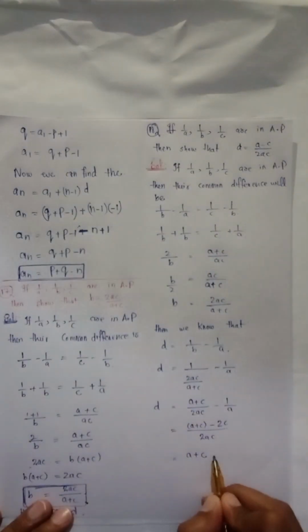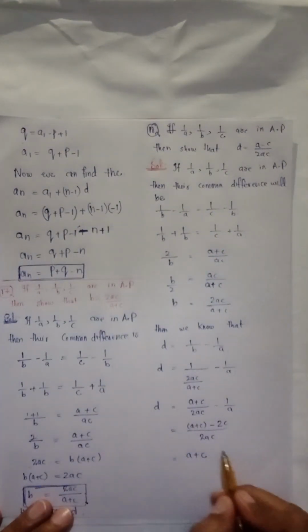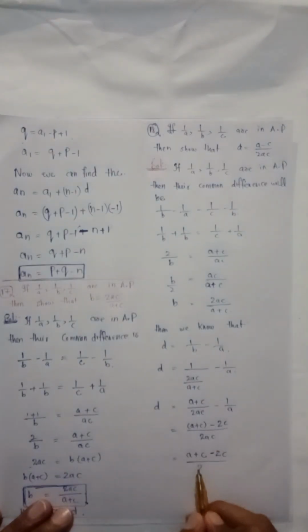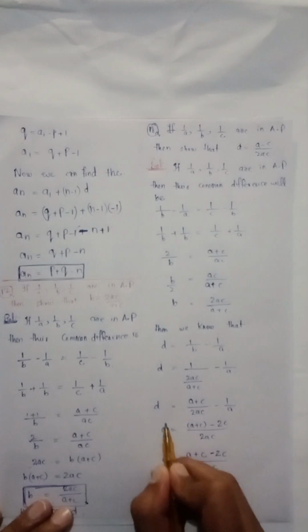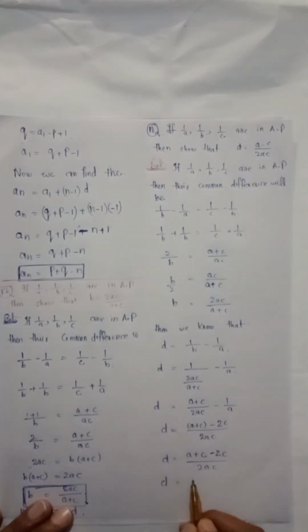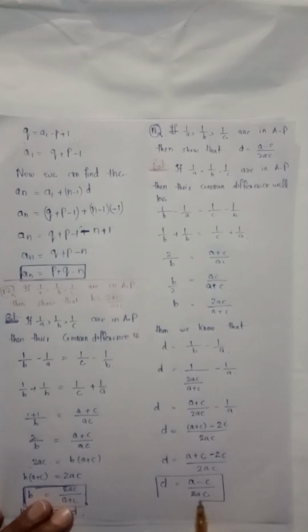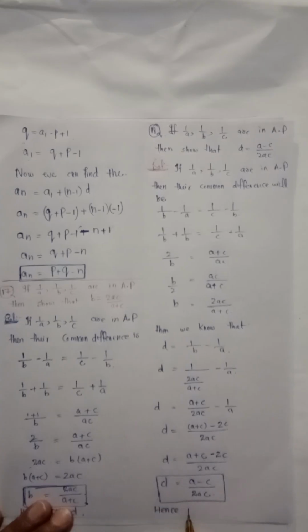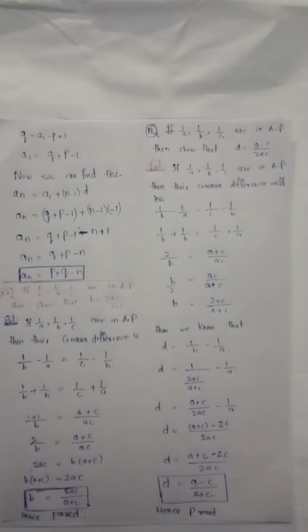By expanding this, a plus c minus 2c over 2ac, and this will be (a minus c) over 2ac. This is the required result which we have to prove, that d equals (a minus c) over 2ac.